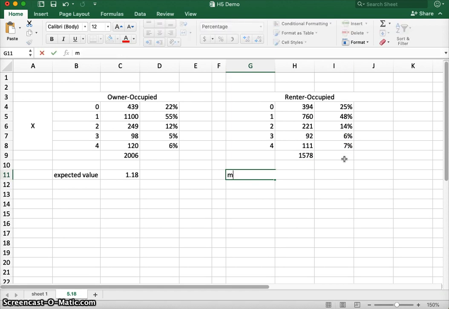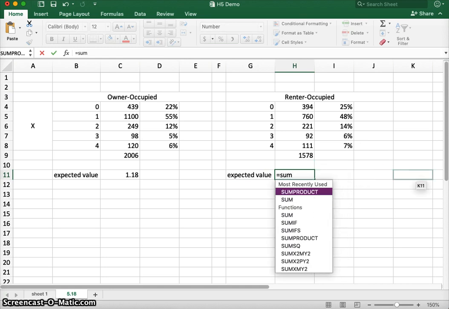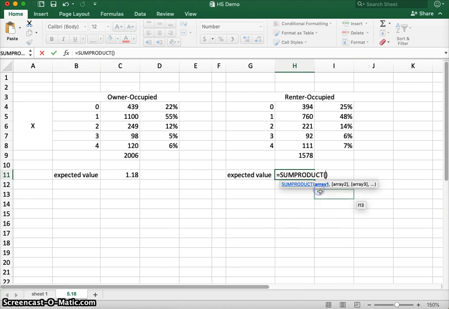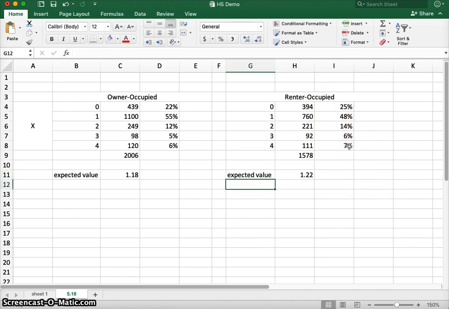Equals SUMPRODUCT, the result, comma, the probability of it happening, so 1.22.